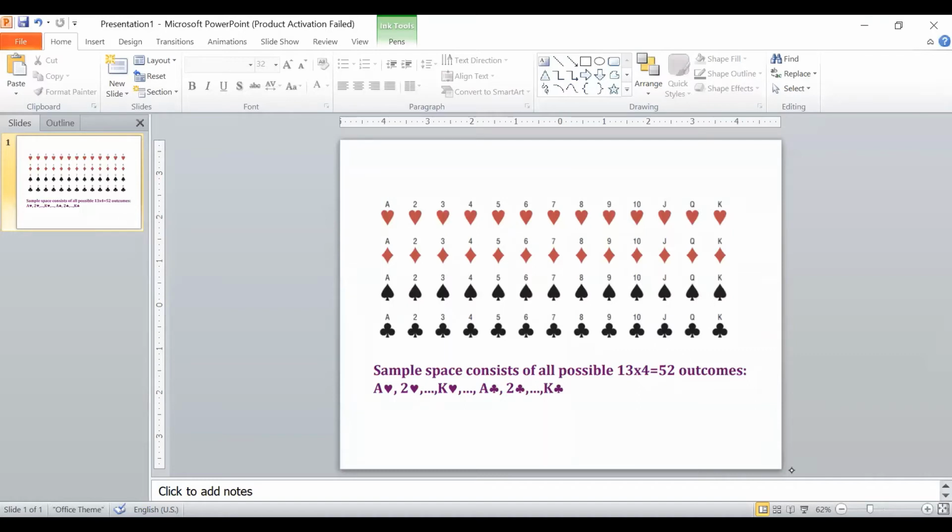The first set is suits of heart, then diamond, spades, and clubs, from A, then 2, 3, 4, 5, 6, 7, 8, 9, 10, and then J, the jack, and queen and king. So for each suit, there are 13 cards, and altogether there are 52 cards, in 4 suits.